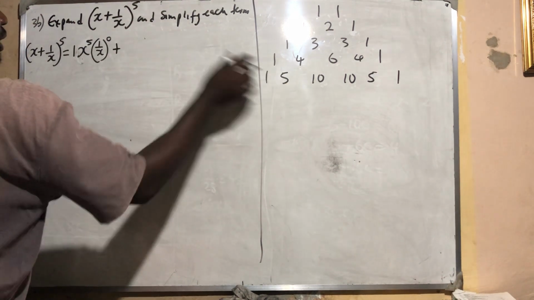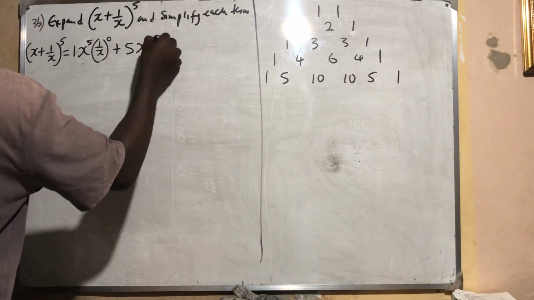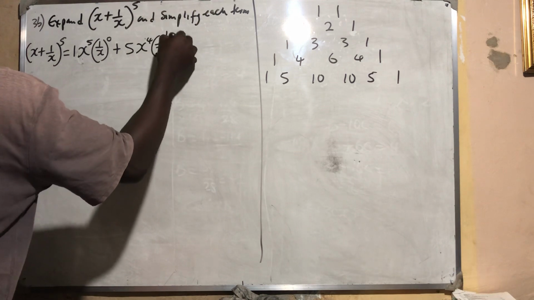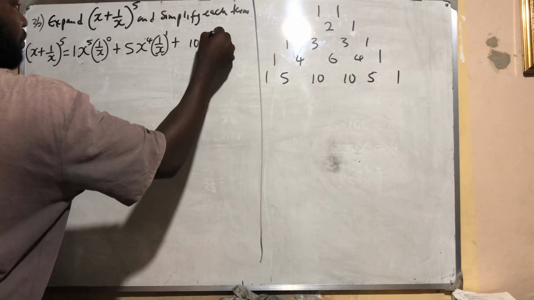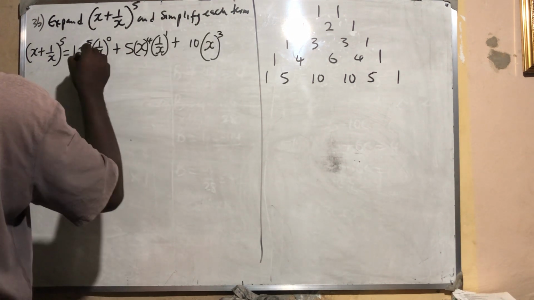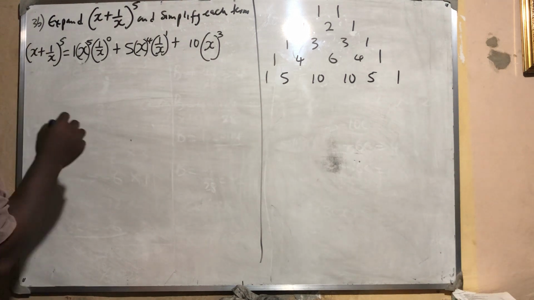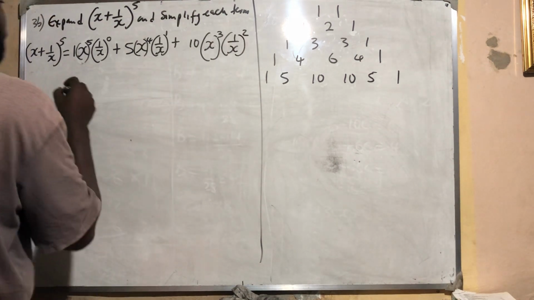Plus, the next person I'm picking is what? 5. The boy will turn to 4 now. And the girl will turn to 1. Plus, the next person I'm picking is 10. The boy will turn to 3. Okay, let me put them in brackets. All of them in brackets. The boy will turn to 3 and the girl will turn to 2. You keep going.